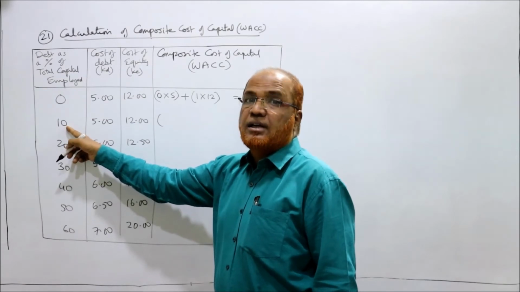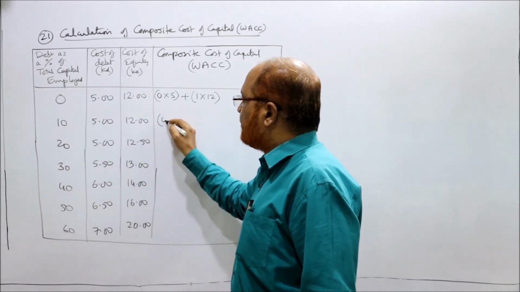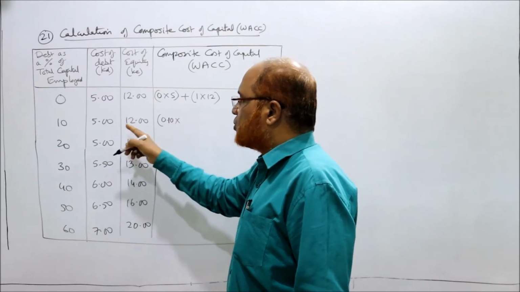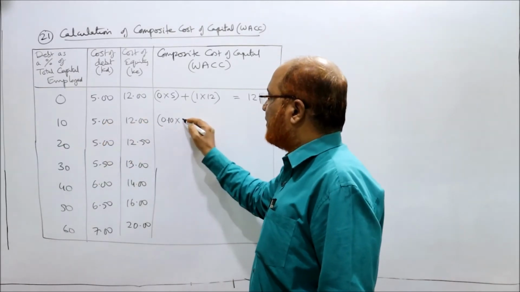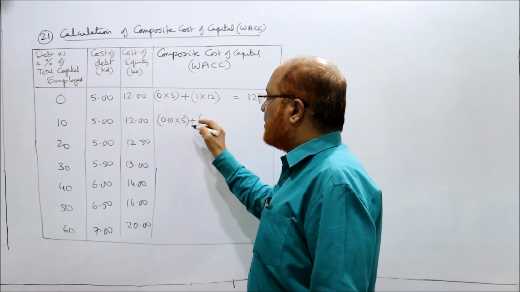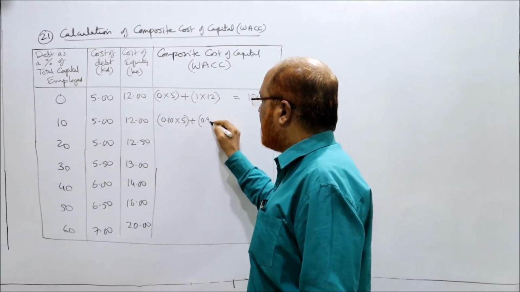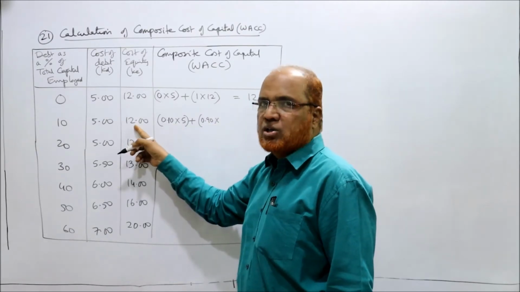10% is the debt, so 0.1, 0.10 into what is the cost of debt 5%, plus when 10% is the debt 90%, 0.90 into what is the cost of equity 12.